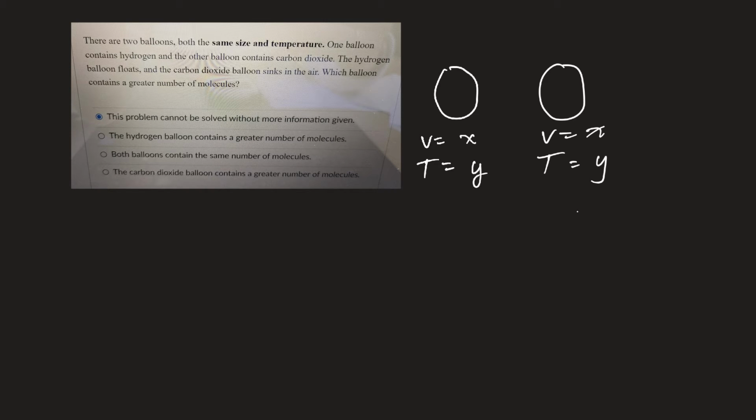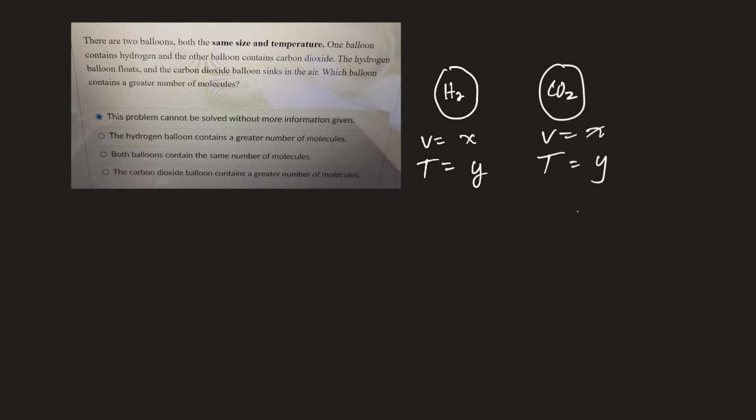Okay, so here I have 2 balloons, both the same size, same temperature. Same size, so volume is the same. We'll say volume is X, and temperature is the same, we'll call it Y. The hydrogen balloon floats, and the carbon dioxide sinks.